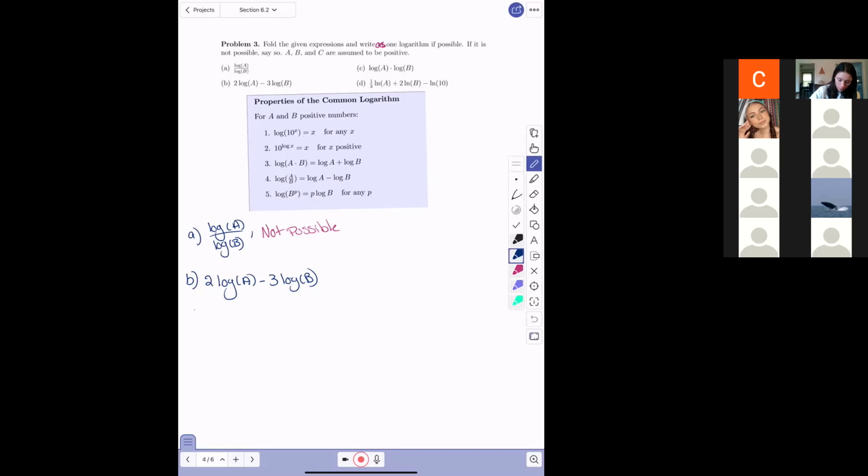So we're going to work with property 5. So we'll have log of what? What does 2 log of a become? Log a squared. Log of a squared minus, what does 3 log of b become? Log of b cubed. B cubed, good. Okay, now from here, this matches property 4. So we'll have now log of a squared divided by b cubed. Any questions there?